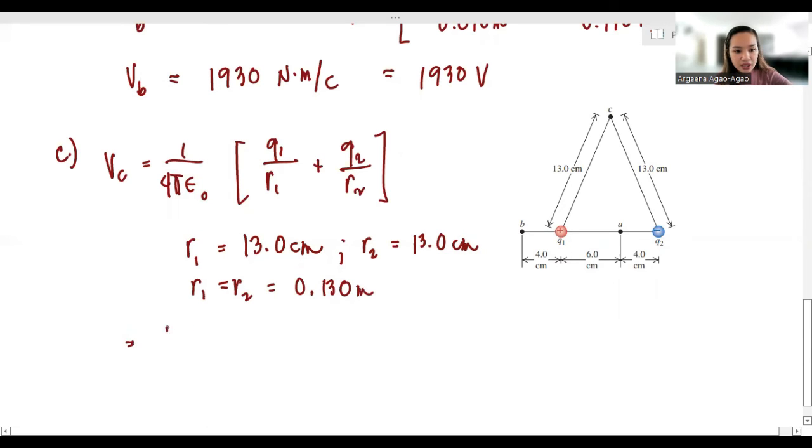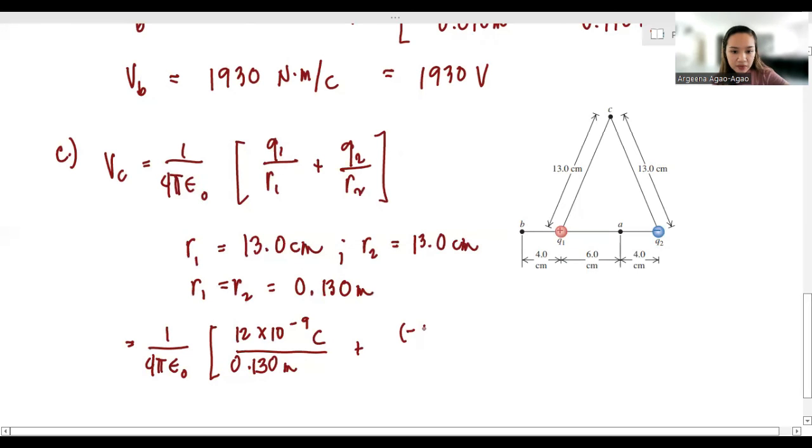So substituting this, I will not write the constant value first. Q1 is 12 times 10 to the negative 9 coulomb divided by 0.13 meters plus negative 12 times 10 to the negative 9 coulomb over 0.130 meters.